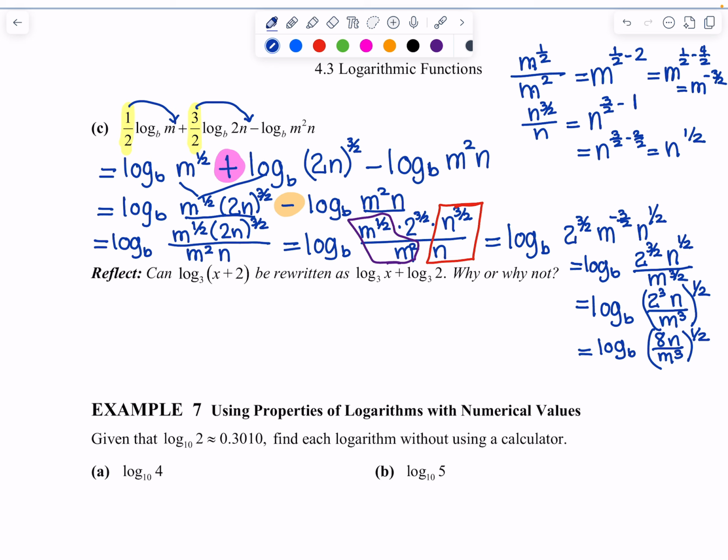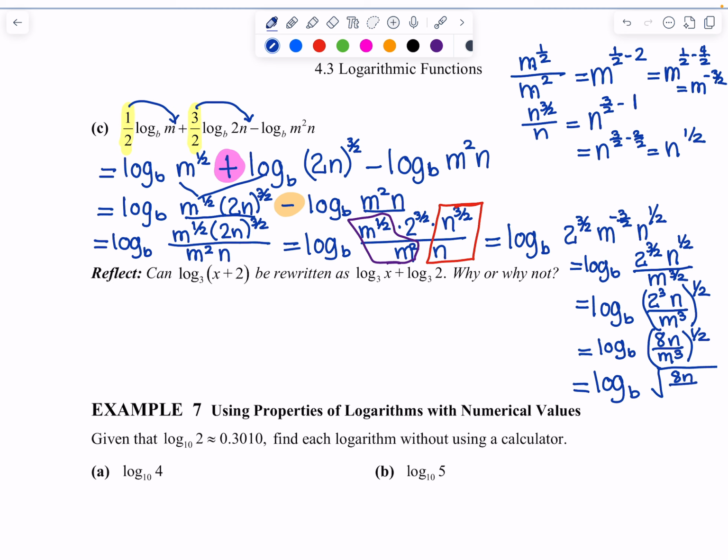The very last thing is they don't want 1/2 as a fraction. Convert that. Remember we talked about when we convert from radical to this? You've got to turn that back to a radical. So it's log base b. Remember, 1/2 is the square root. That's all 1/2 is, the square root.